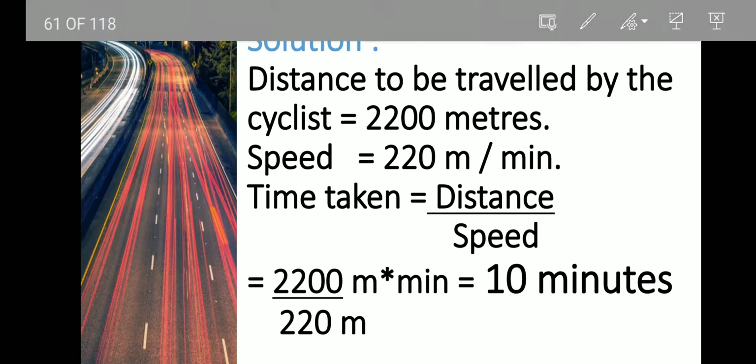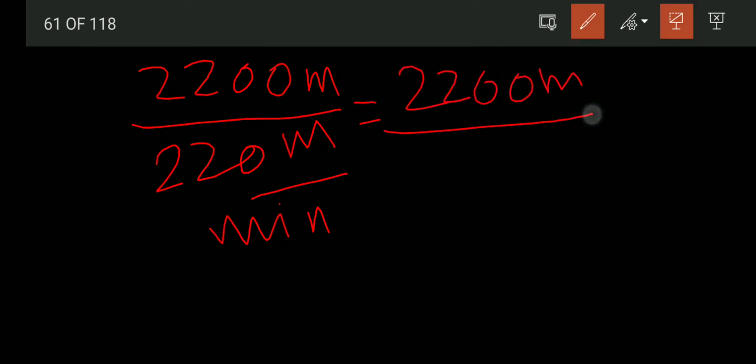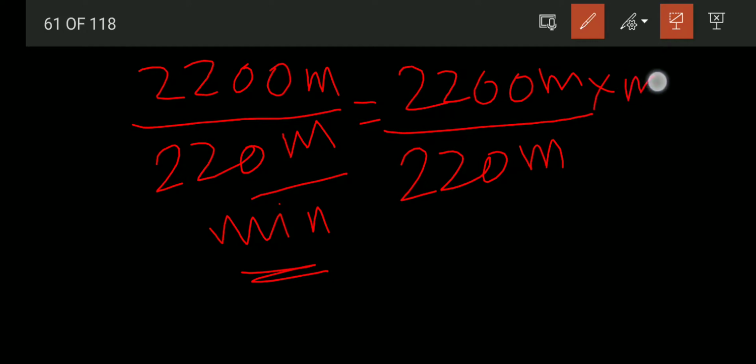Now let me show how this figure has come. See, this is 2200 meter divided by 220 meter per minute. So what happens? 2200 meter divided by 220 meter, and this minute goes on top.